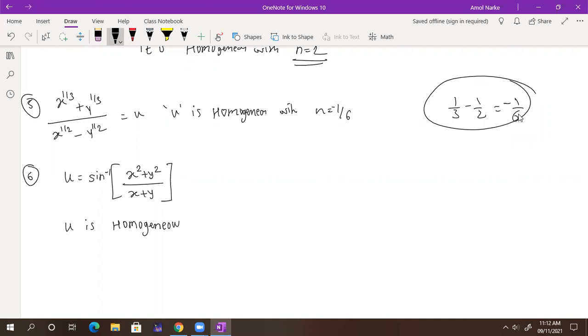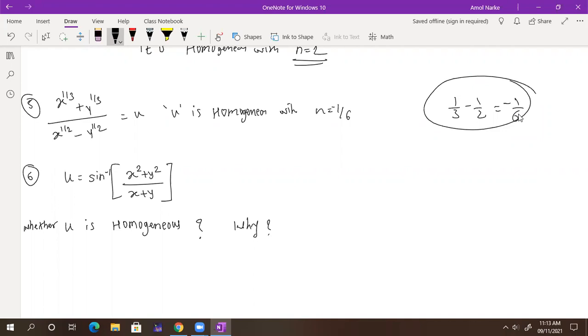Tell me whether u is homogeneous. No, u is not. Why? Again that question comes. Sir, the function of x still remains under sine inverse.